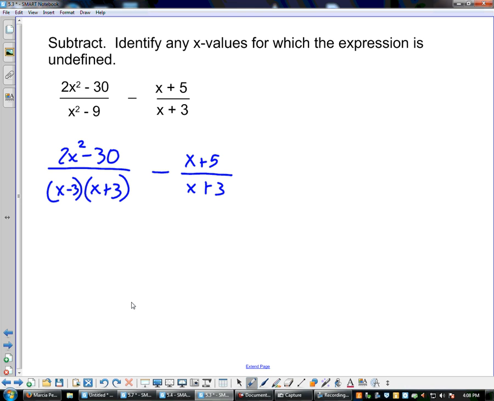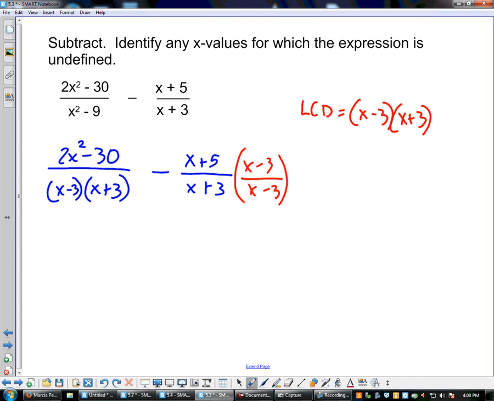So the least common denominator here is going to be x minus 3 times x plus 3. And so if we want that in the denominator for both of these fractions, we're going to need to multiply this second fraction by x minus 3 over x minus 3.